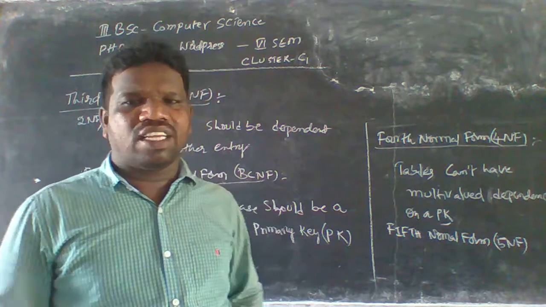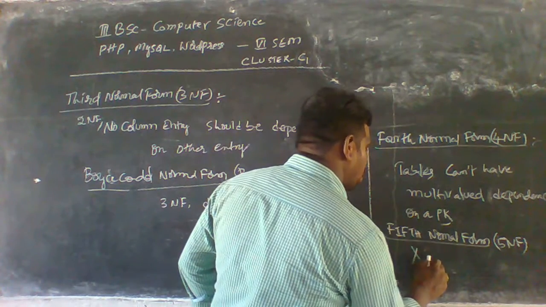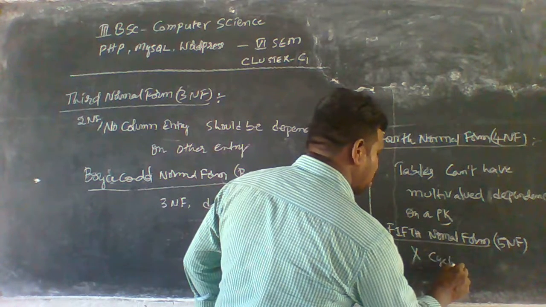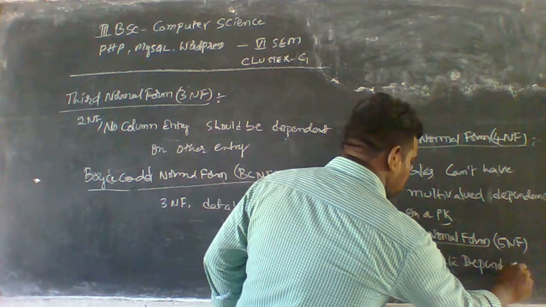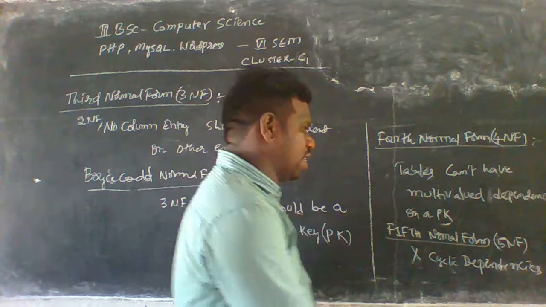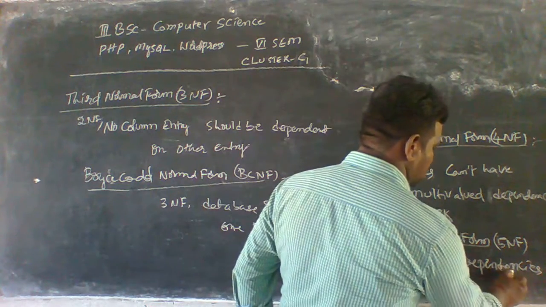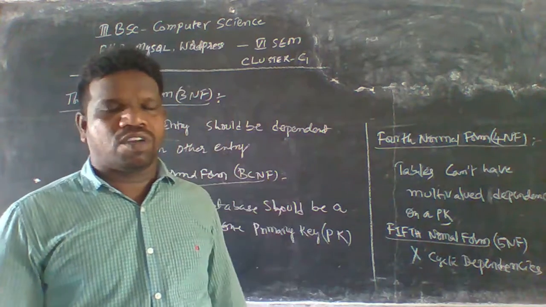Not having cyclic dependencies is called the fifth normal form.